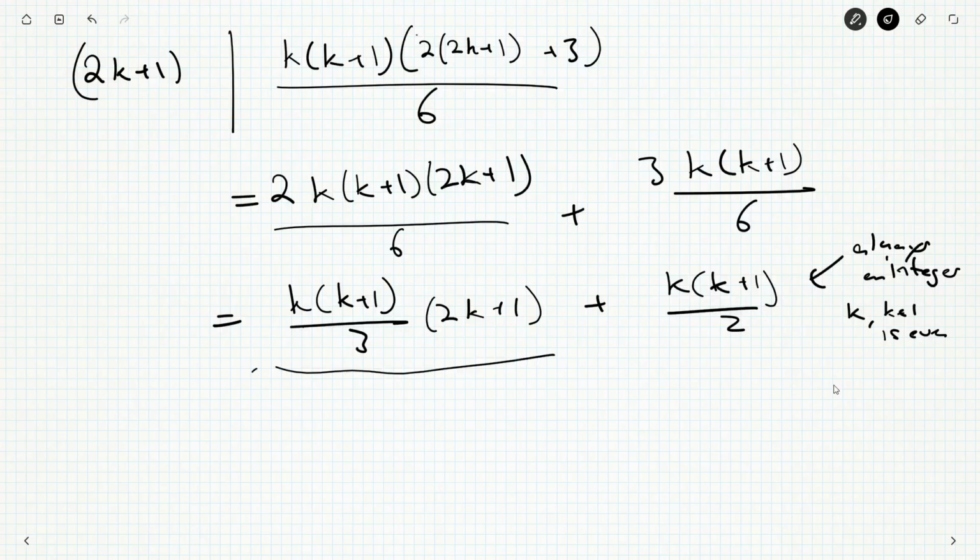The only question is, is k times k plus 1 over 3 an integer? So this is going to be 2k plus 1 times some sort of r, just so I get rid of this divide symbol here. So I don't need to worry about that.